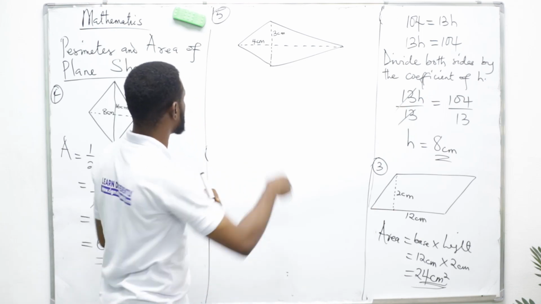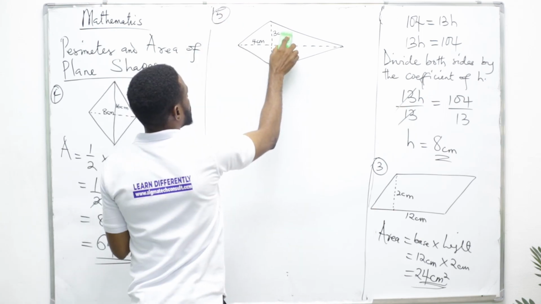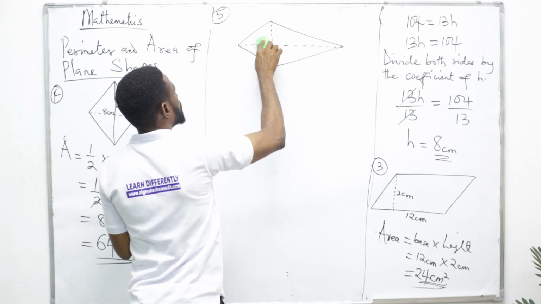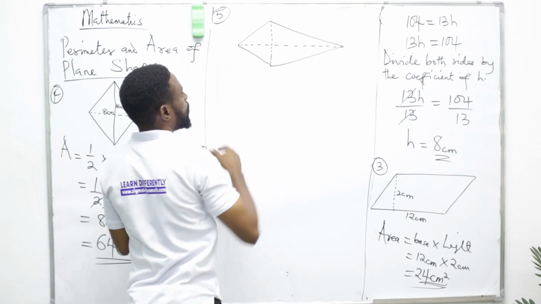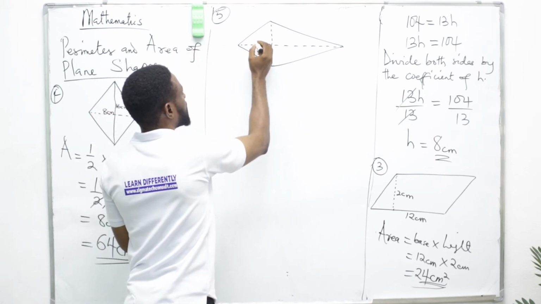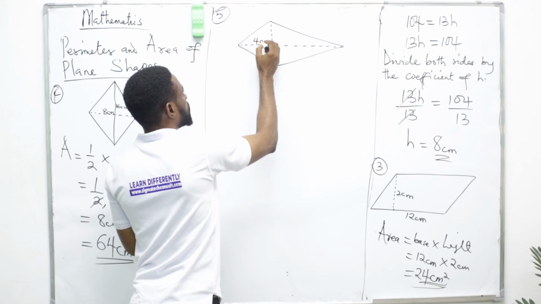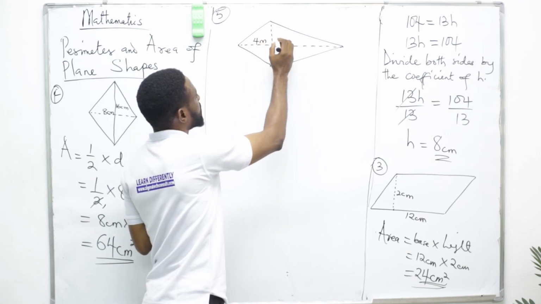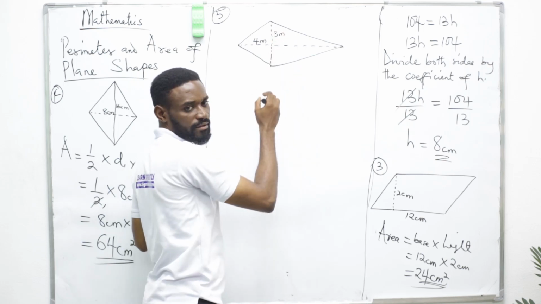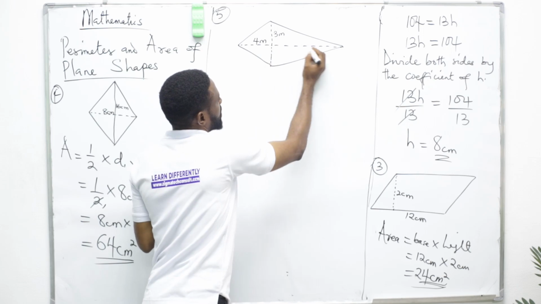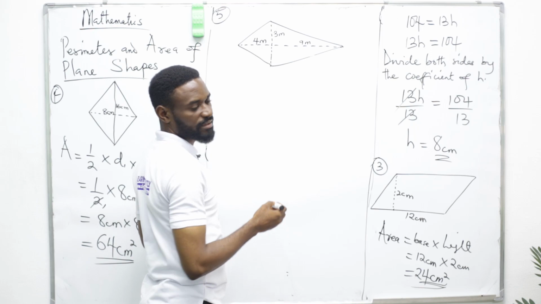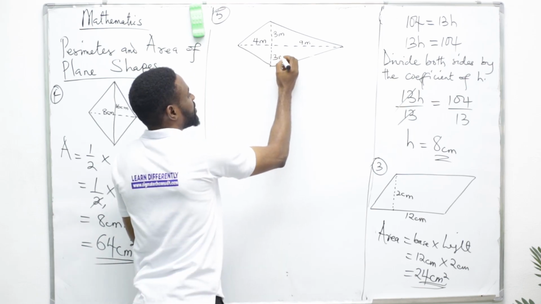Okay, they gave us meters, so let's have it in meters. So this is the kite here. From here to here is 4 meters. This is 3 meters. This place to this place is 9 meters. Here is 3 meters.